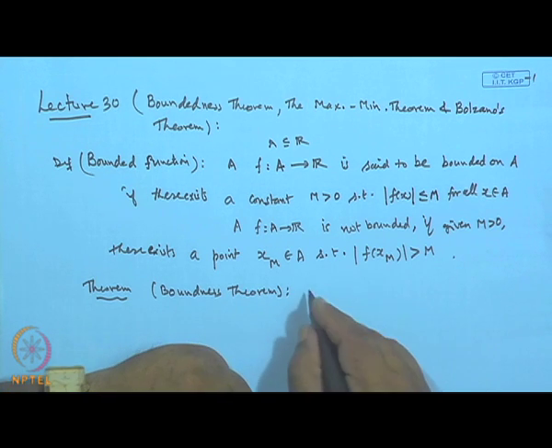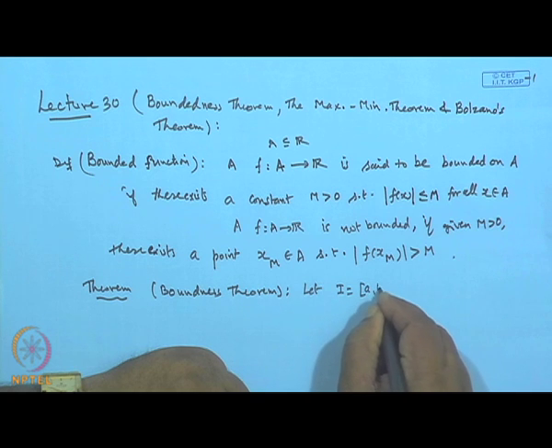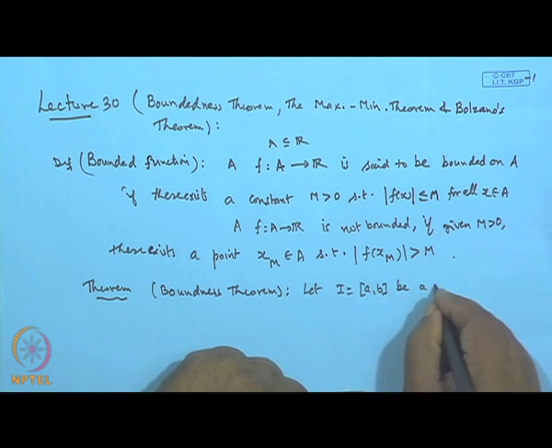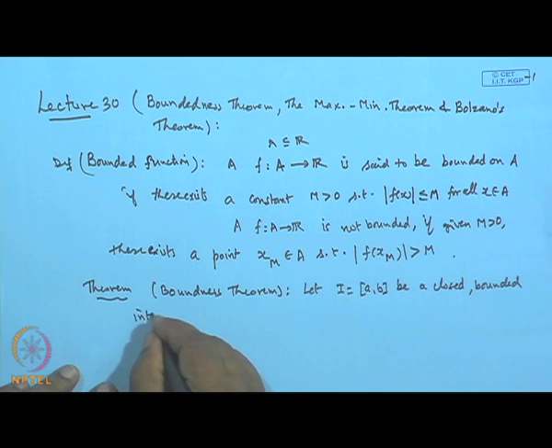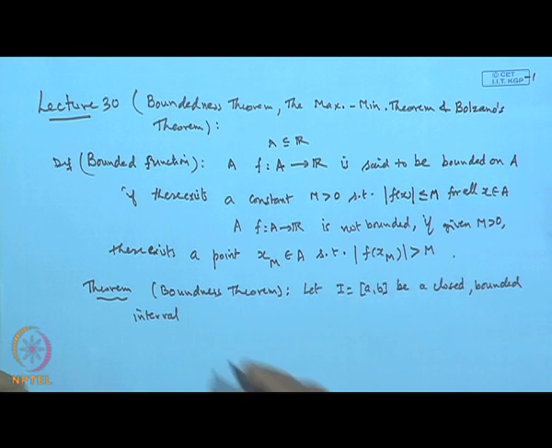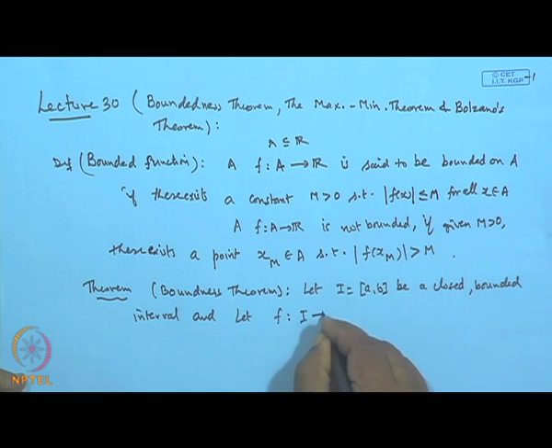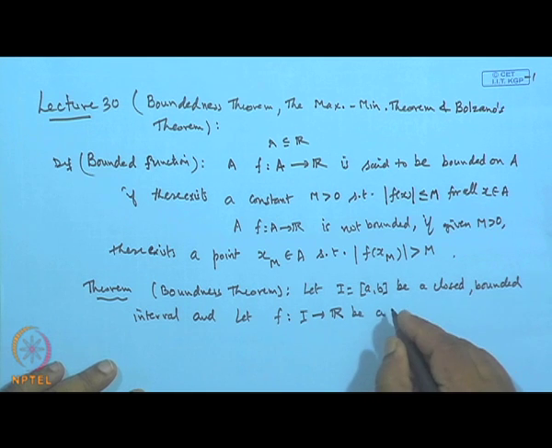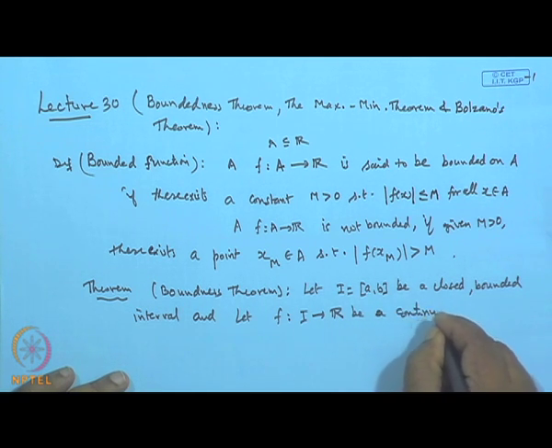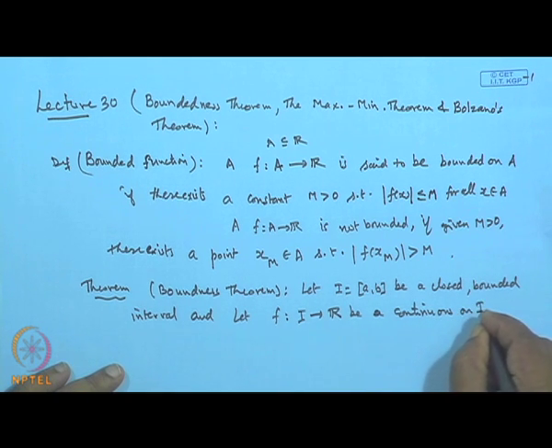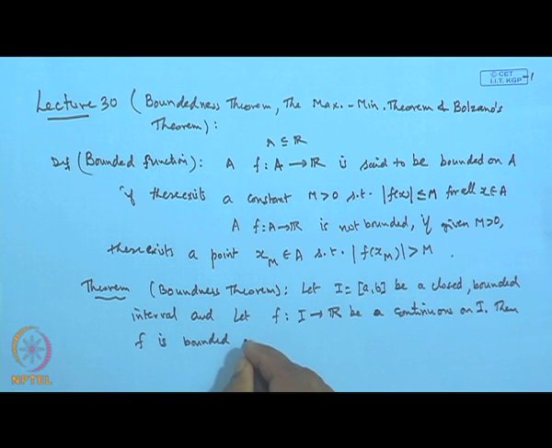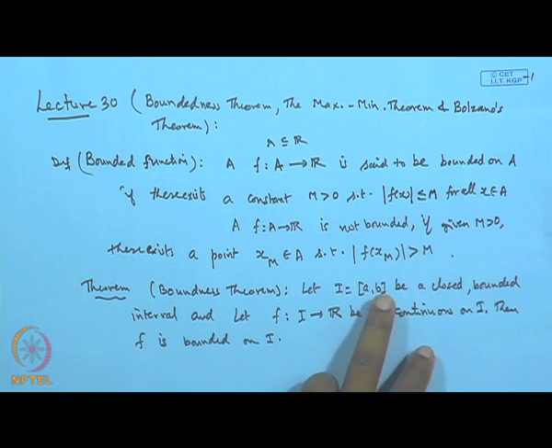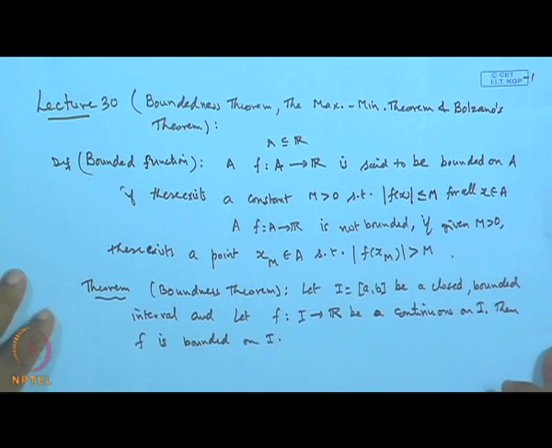The theorem says: let I be a closed bounded interval, and let f be a function from this closed bounded interval to R, be continuous on I. Then f is bounded on I. So, every continuous function on a closed bounded interval is a bounded function. That is what it says.